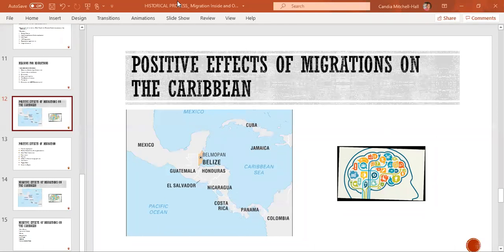Go, Gilbert. I was just saying that another positive effect of migration is that it improves the quality of life of both the migrant and their families, because when they go to another country, they have the opportunity to get better jobs, which will put them in a better social standing, and then it impacts their family, because if their family is living in the home country, then they can send money to them to sustain them.